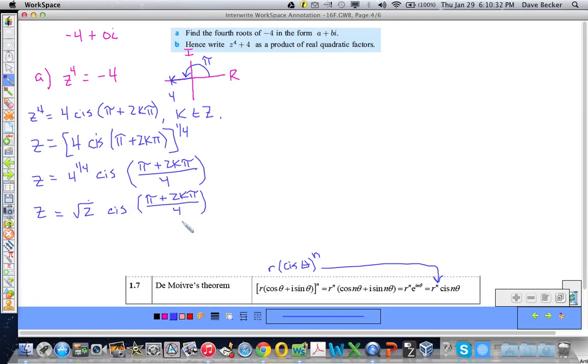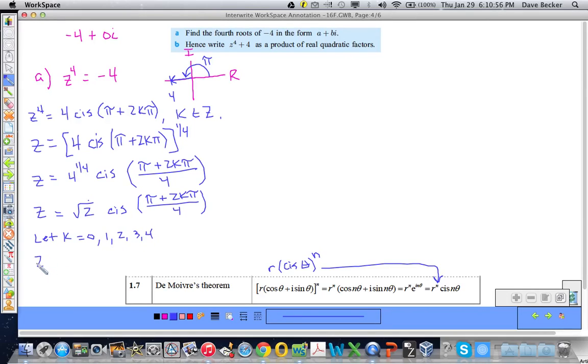Nice, huh? Okay, so what in the world does that mean? We're looking for 4 roots, so k is going to be equal to 0, 1, 2, 3.